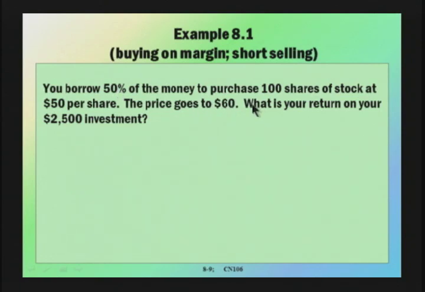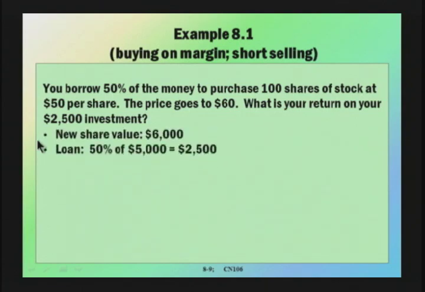So we're going to base our return on how much we invested. We bought 100 shares at $50 per share. That's a $5,000 investment. We put up half the money though, so we really only invested $2,500, and that is what we'll calculate our percentage return on.